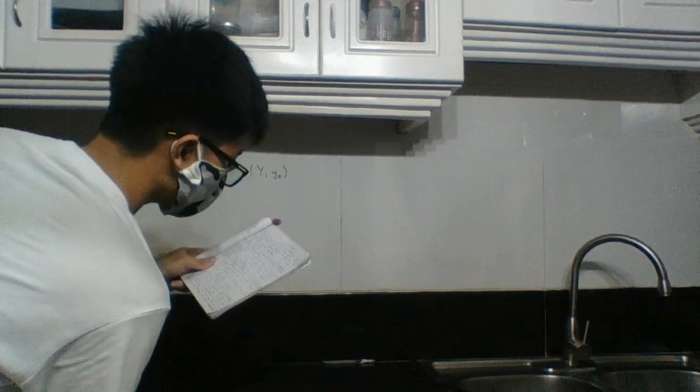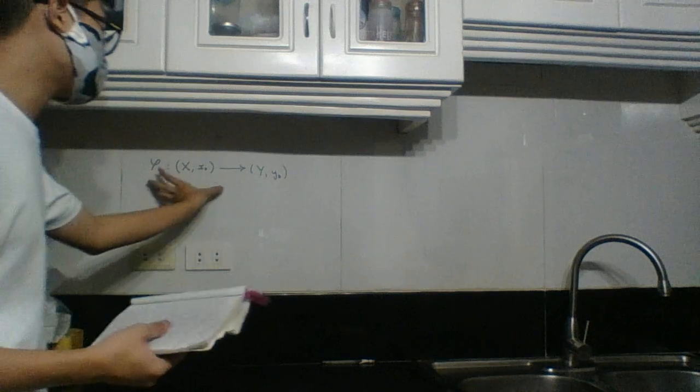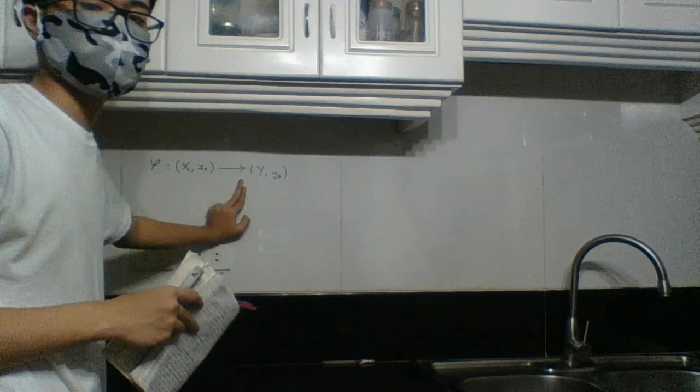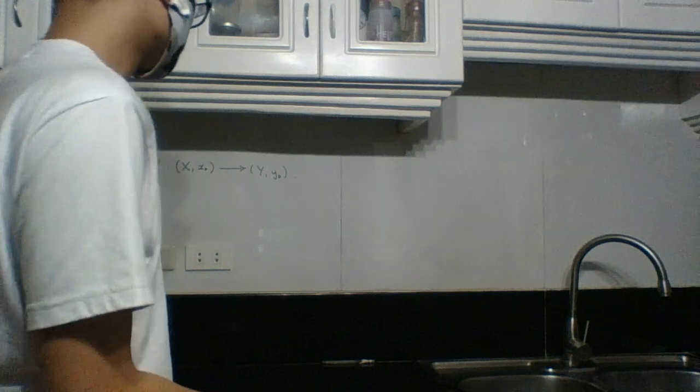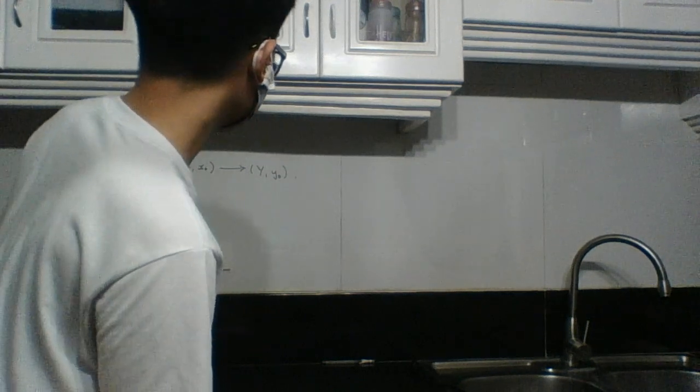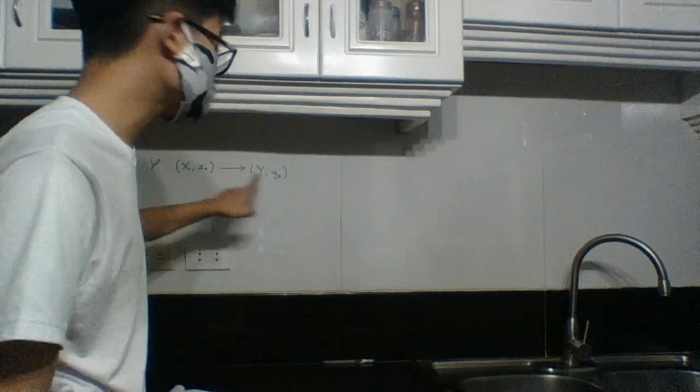So this is just notation basically. We are already packaging two notions into one string: the notion of there being a map between these two spaces, and that this is exactly the image of this point.